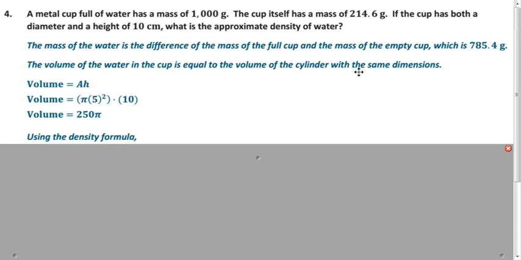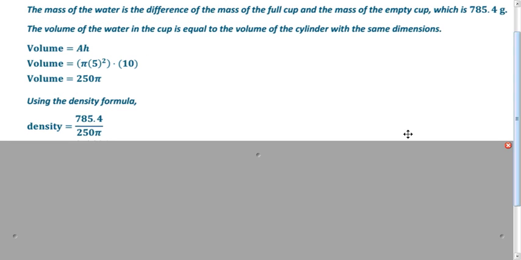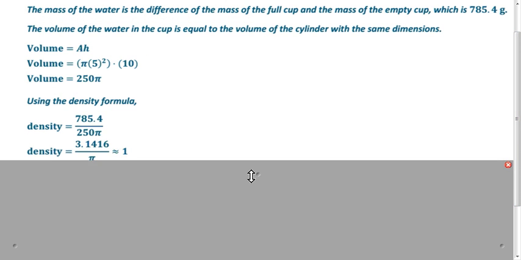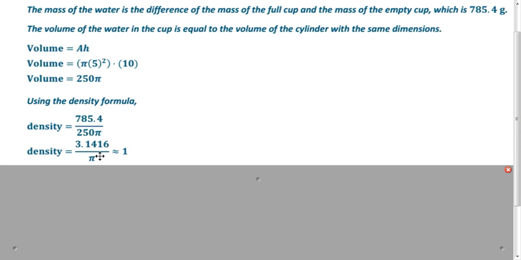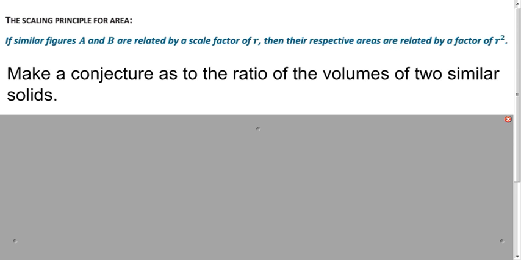So for the density formula, we divide the mass by the volume. We get these numbers, and if we divide the rational numbers, leaving pi in the denominator for now, we end up with 3.1416 over pi, which when you round it is about 1. So according to this experiment, the density of water is about 1 gram per cubic centimeter.